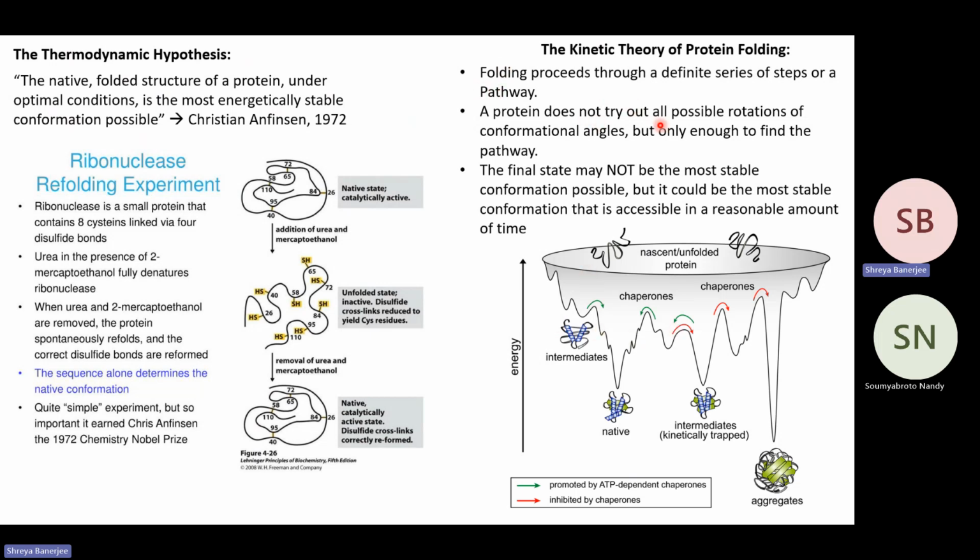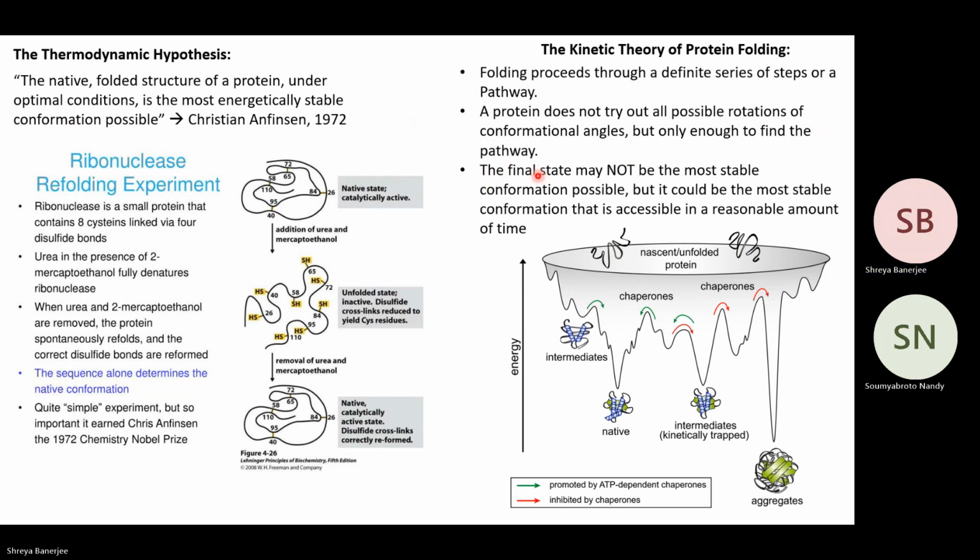but the protein does not try out all possible rotations of the conformational angles. So this is basically another way of stating what Ramachandran had found. It is saying that the protein cannot try out all possible conformational angles because there will be some conformational angles that are sterically not available to the protein.